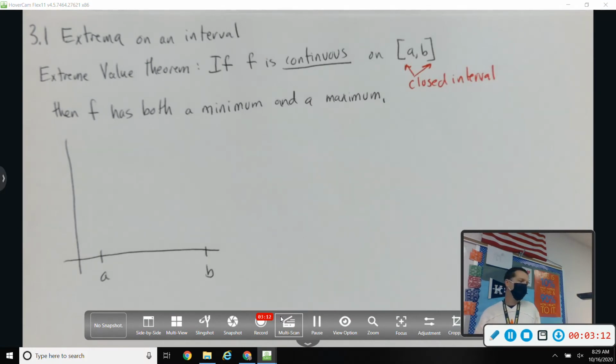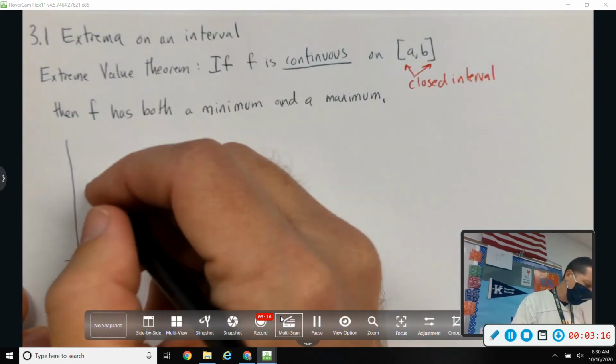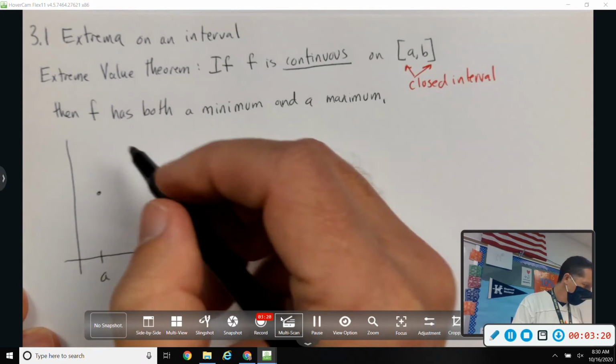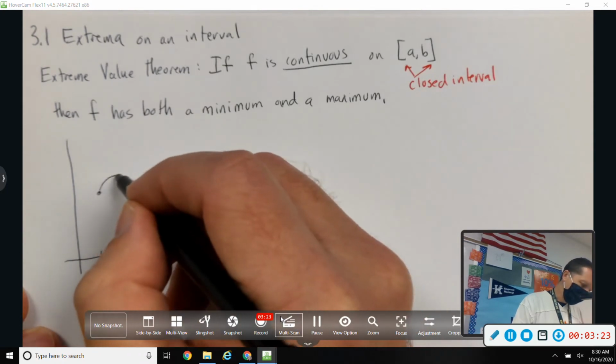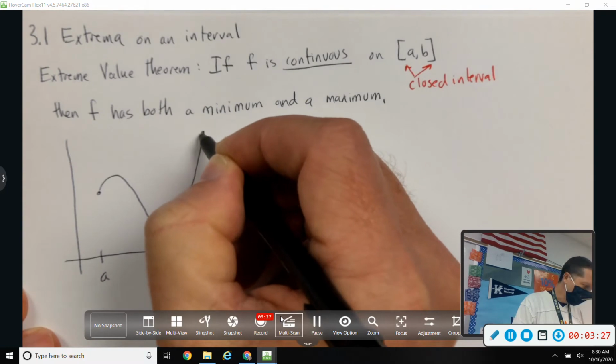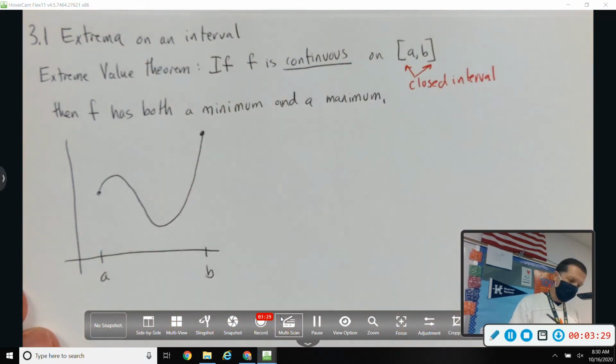So let's graph something from a to b. And I want your graph to look at least somewhat like my graph for this particular problem. So let's go up a little bit, come down even more, and go up a whole lot more. Something like that.